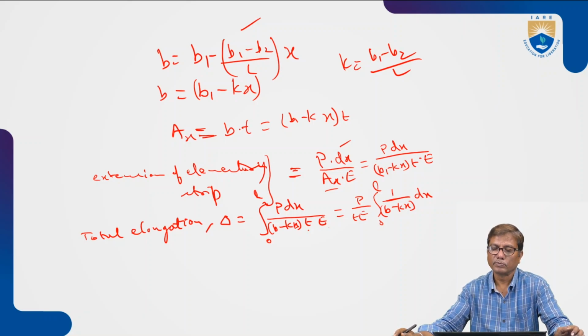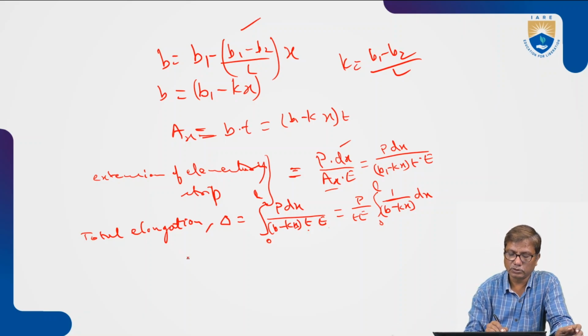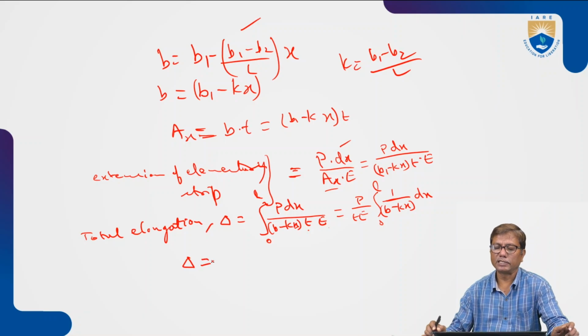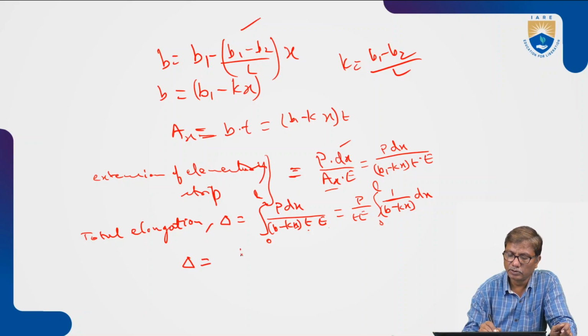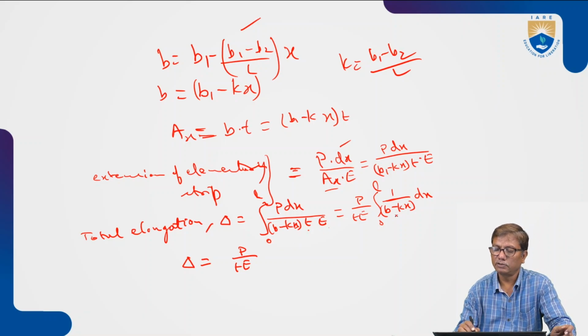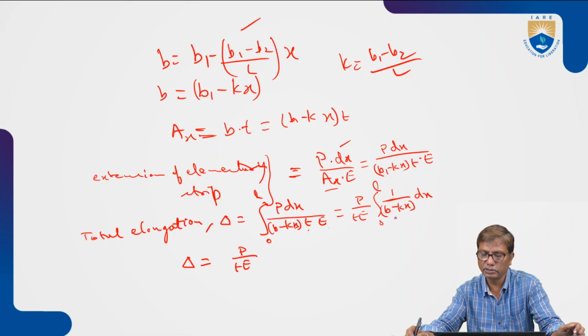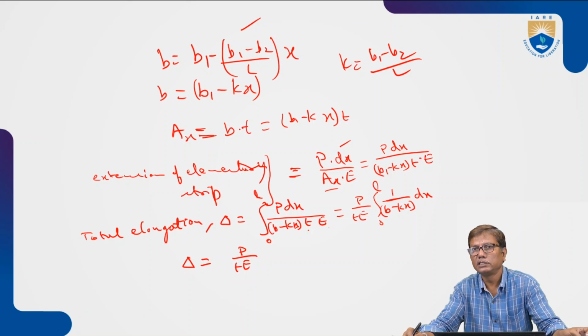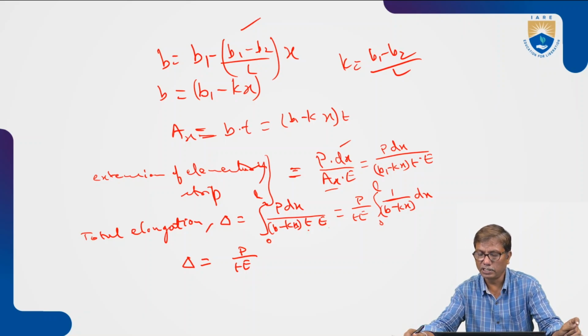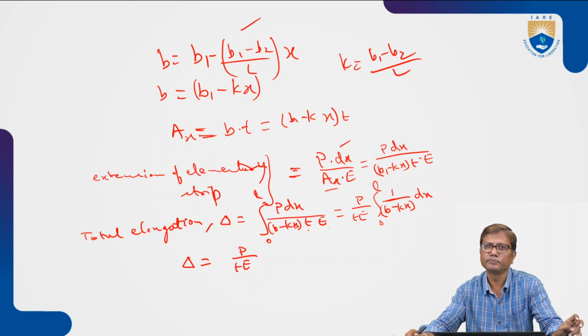So delta is given as p by te times the integral of 1 by b minus kx. It is in the form of the integral of 1 by x dx. In place of x we have b minus kx, isn't it?